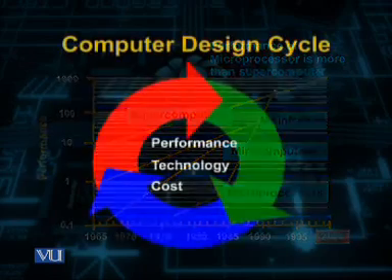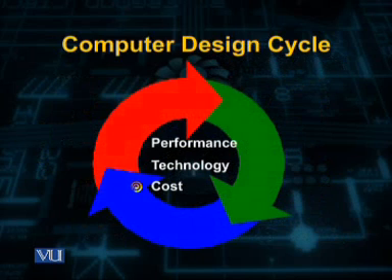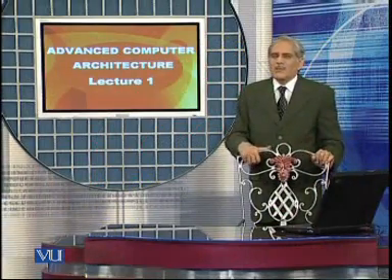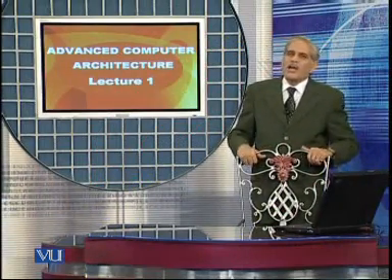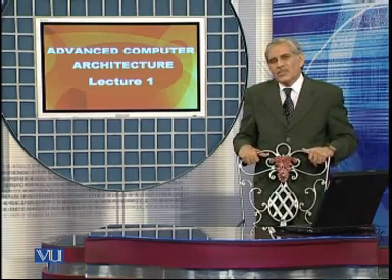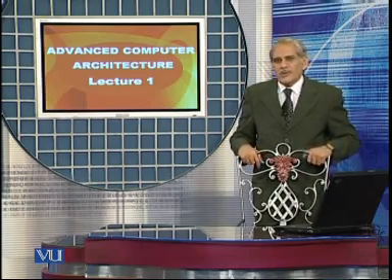The third parameter in the design cycle is the cost. This is the most important parameter. It is due to the reduction in the cost that today we are in a position to get a very high performance computer available in the form of a desktop or a laptop computer.